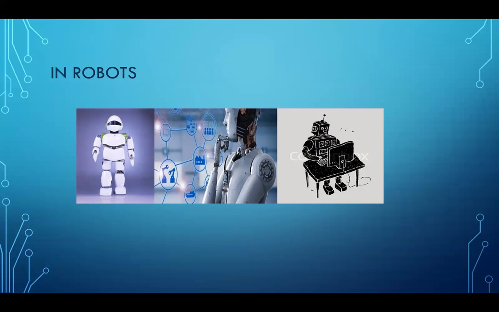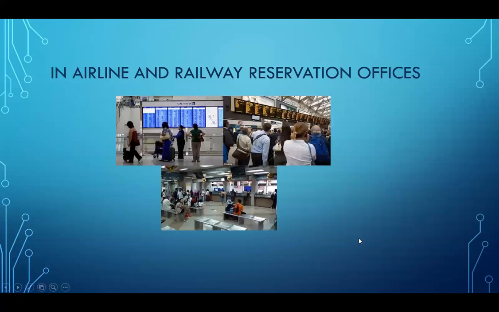The last one is railway stations and airlines and railway reservation offices. When you want to reserve seats, or want to know any information about any flight, they use computers to give you information. And in this slide you can also see different kinds of computers used in different stations. People can easily watch their wanted information on screen.